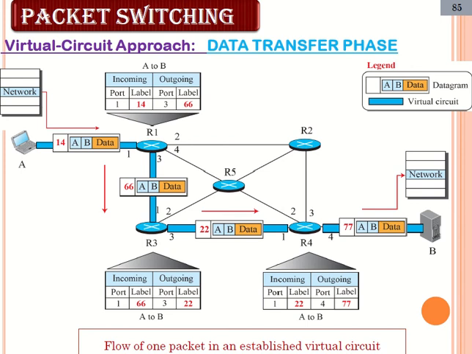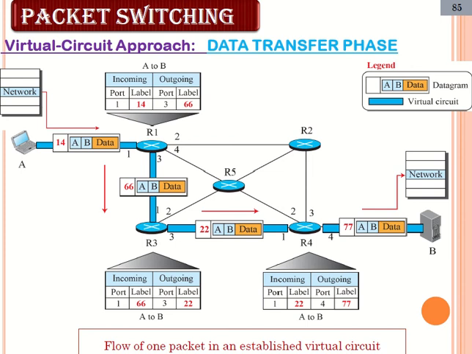The packets from the source to the destination will follow the same path one by one. Whenever data is transferred, each time the router checks its incoming port, outgoing port and its label. Unlike the datagram approach, here the path is fixed.